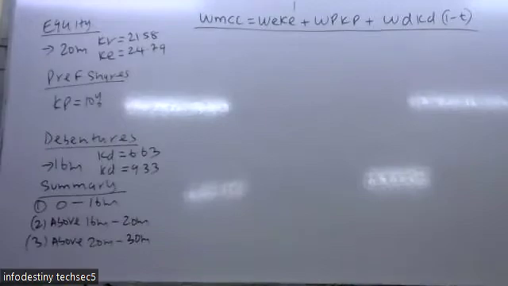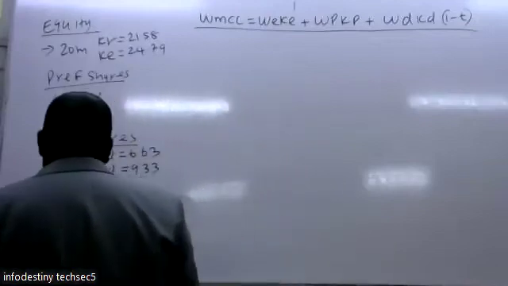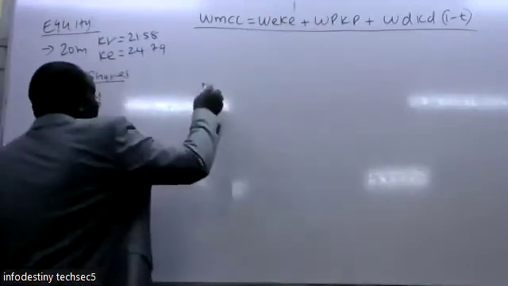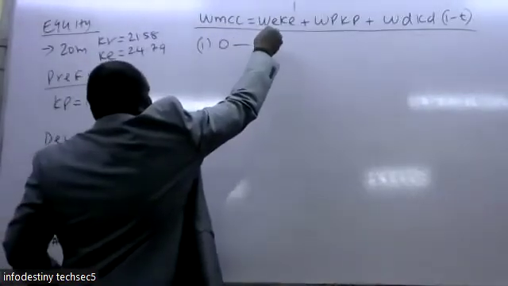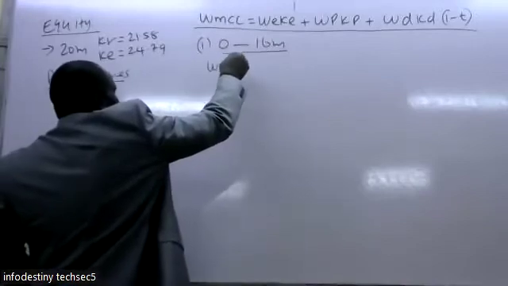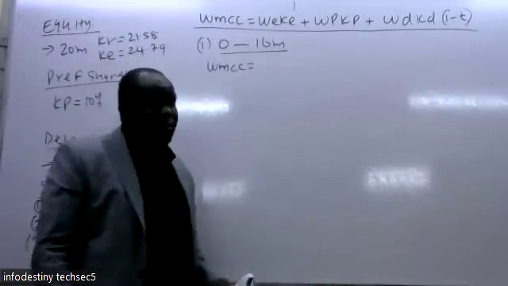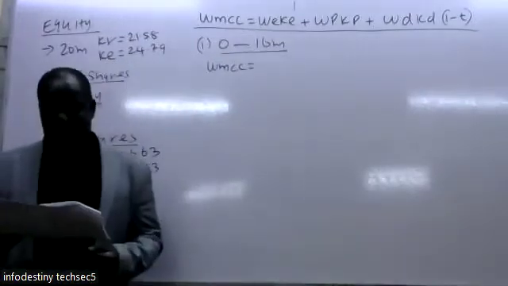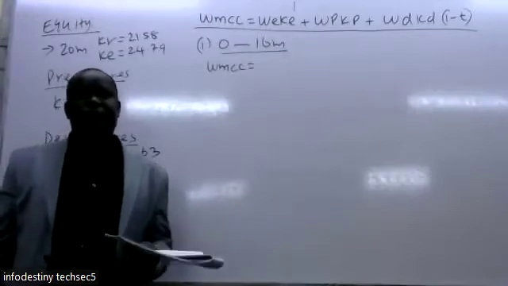So we start off with the first one, which is from 0 to 16 million. So our WMCC. So weight for equity, you can see the weight for equity in note number 6. It is 45%.